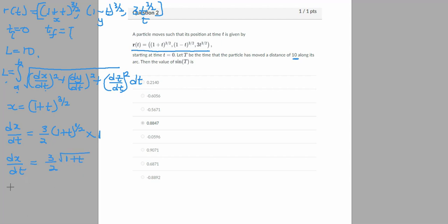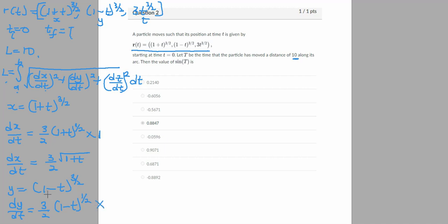So what's our y? Our y is (1 minus t) raised to power 3 over 2. So we need to find the dy/dt. The same procedure. Differentiate this as if this is just x raised to power 3 over 2. So this will be 3 over 2 into brackets 1 minus t, then subtract 1 from the power, that's a half.